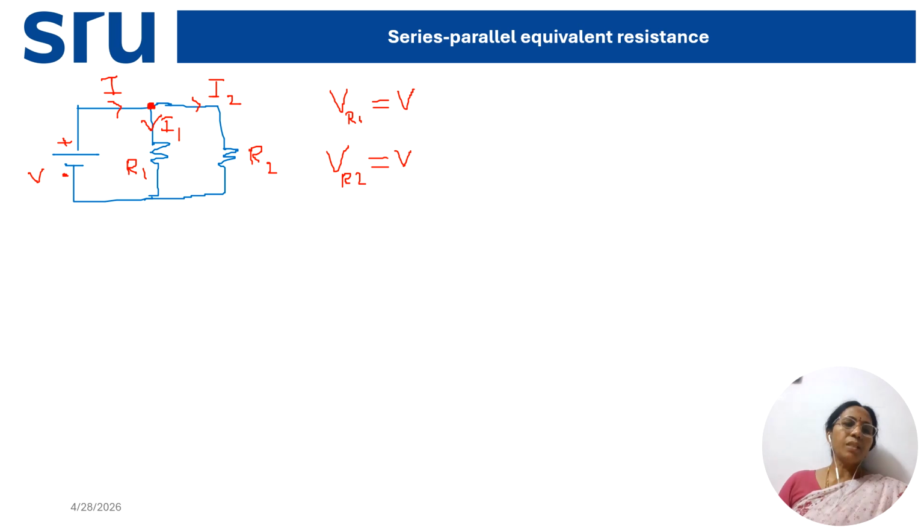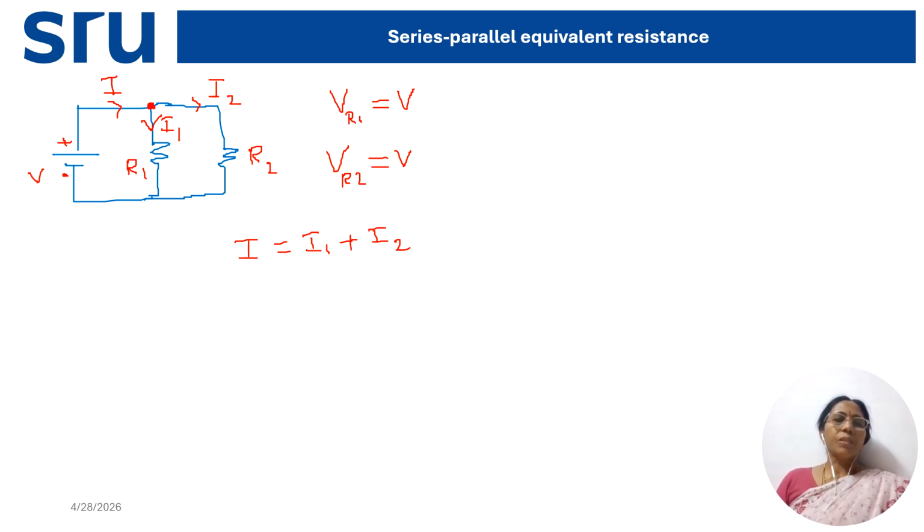So the total current I is divided into I1 plus I2. How do you get this? According to Kirchhoff's current law, this current is towards the node so it is plus, and these two currents are leaving the node, that's why minus I1 minus I2 equals 0. So I can write I equals I1 plus I2 from Kirchhoff's current law.